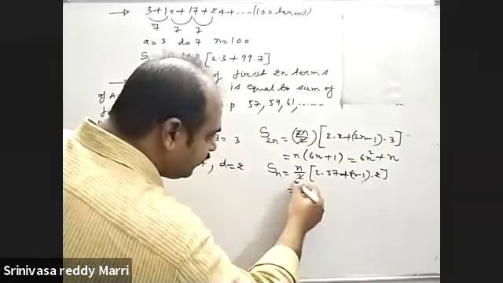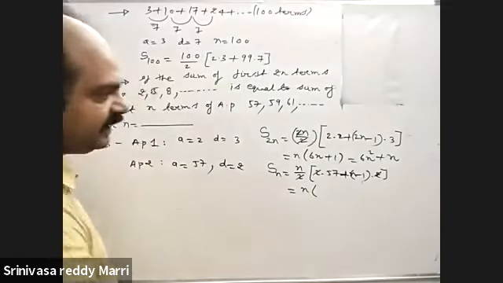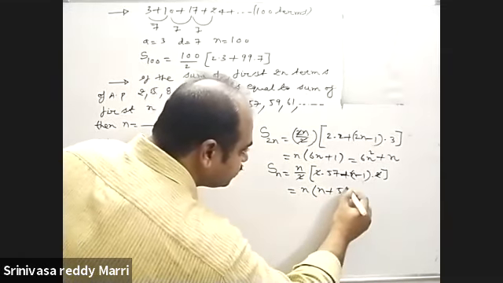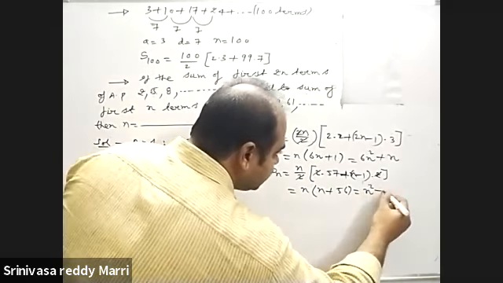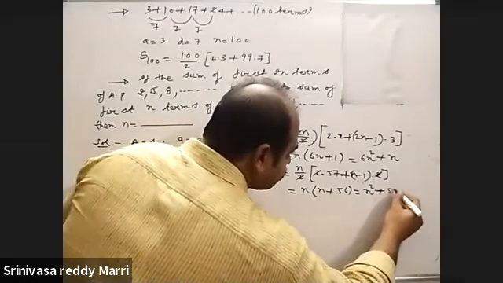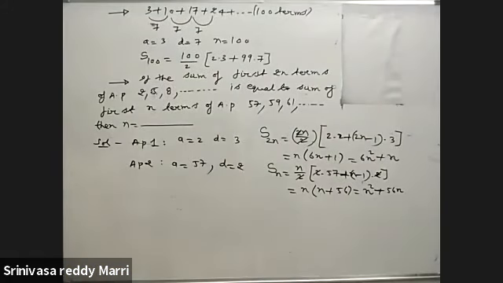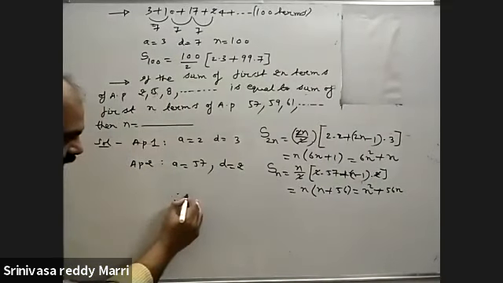The 2 I am striking off. 2 you can take common here. So n into n plus 56. So here you will get n square plus 56n.